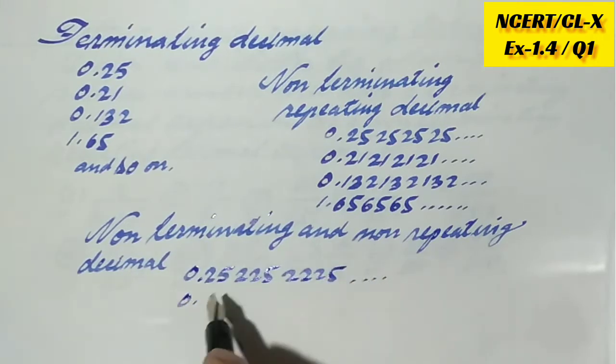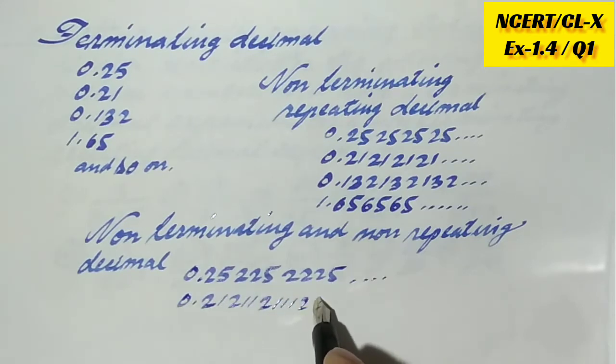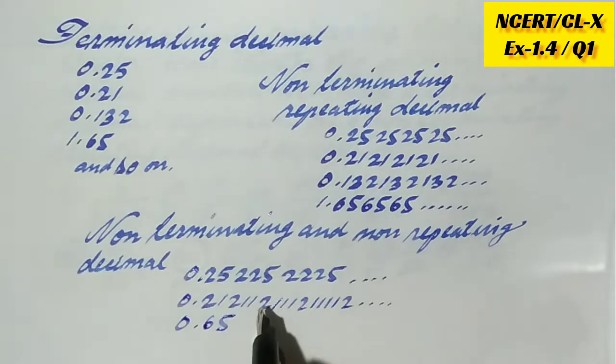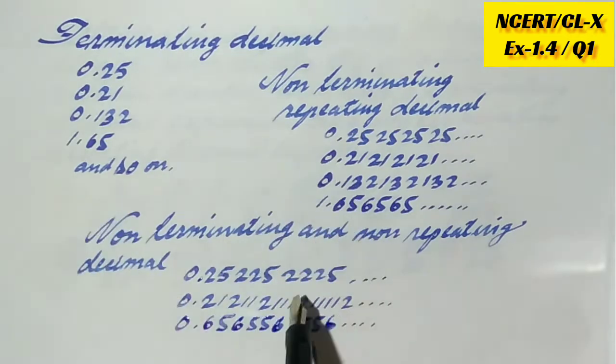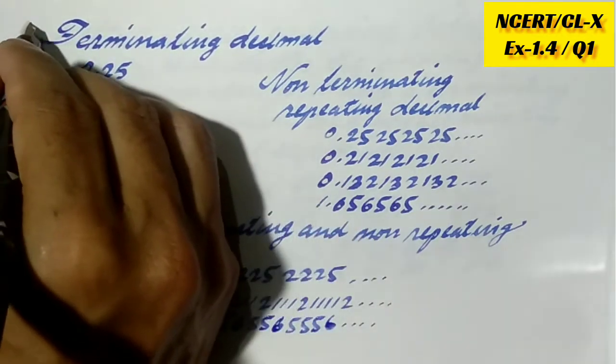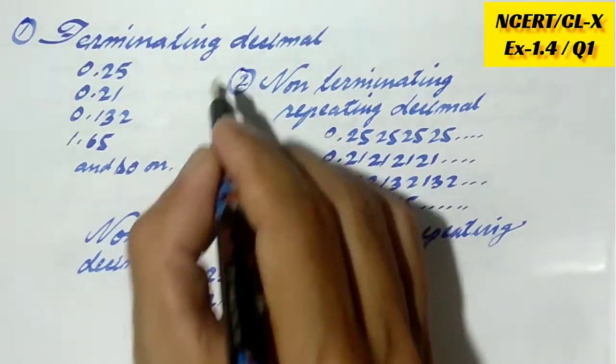Another is 0.21 211 211 211 2 and so on. The last one is 0.656 556 556 and so on. Let me write number 1, number 2, number 3.